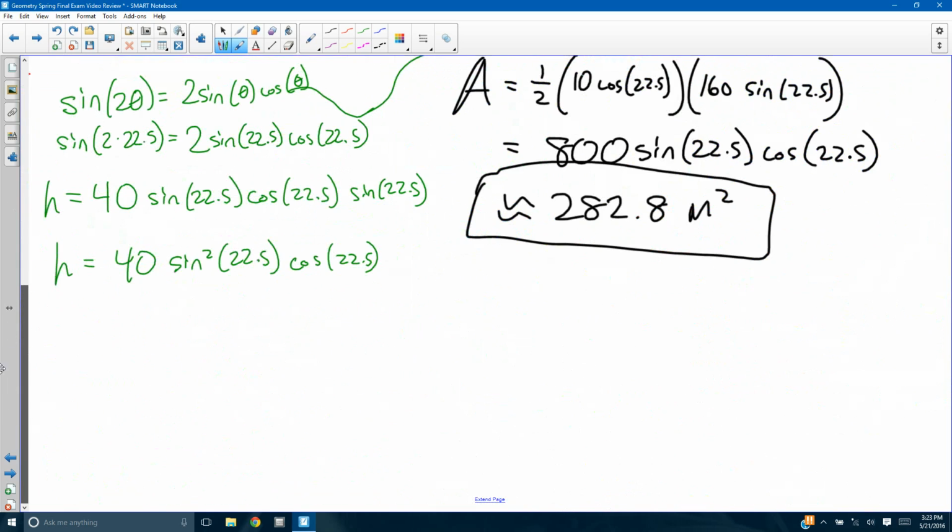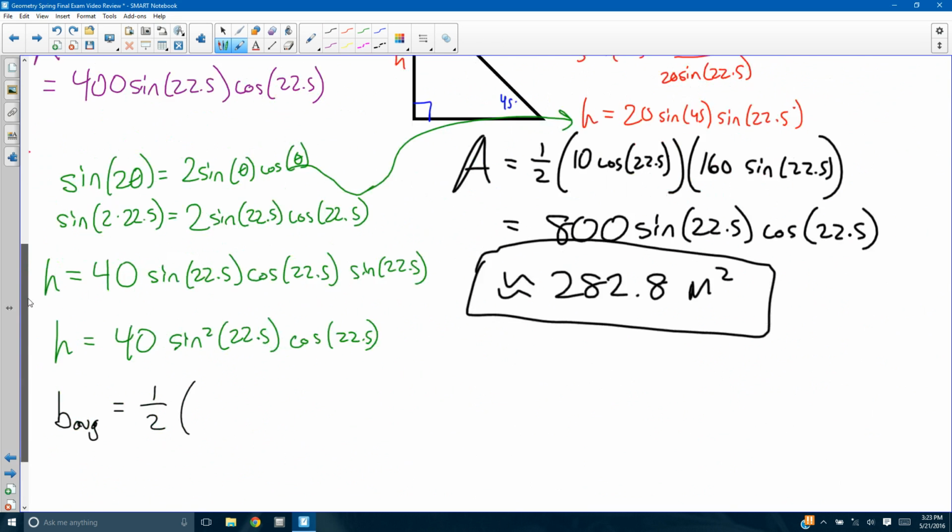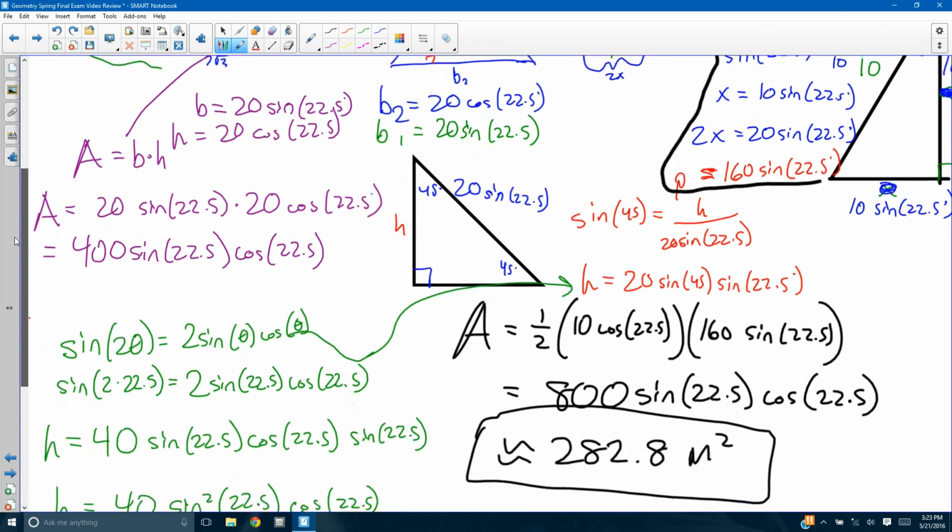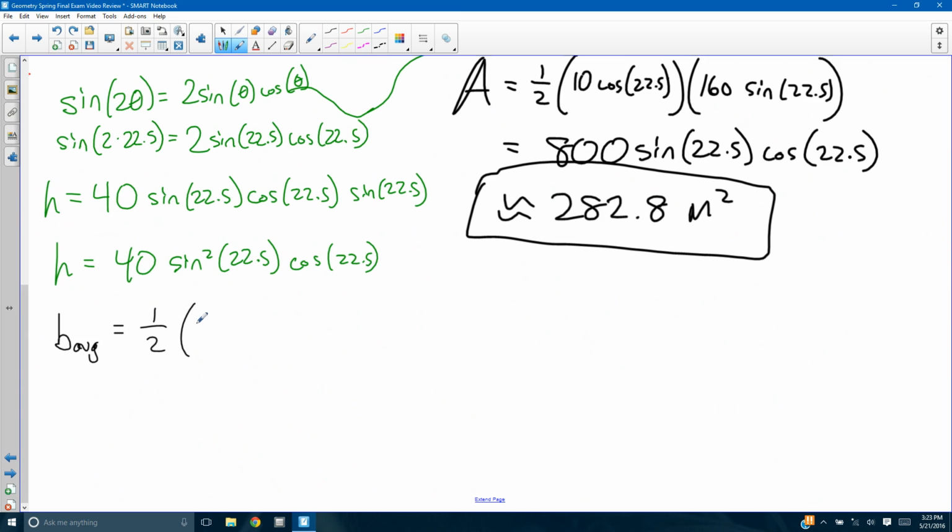I still haven't done that for you. The average of the bases here, base average, is 1/2 b1 plus b2. So it's going to be half of 20 sine of 22.5 plus 20 cosine 22.5.